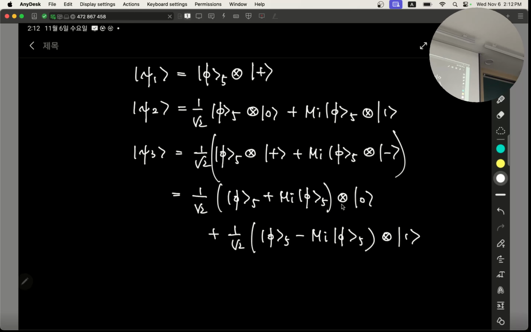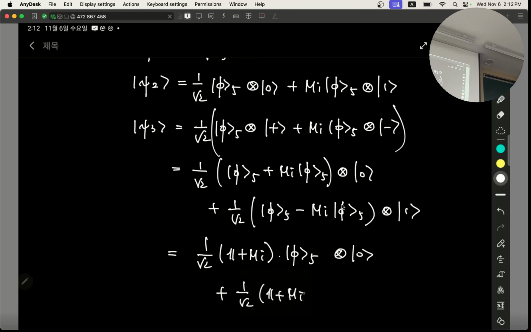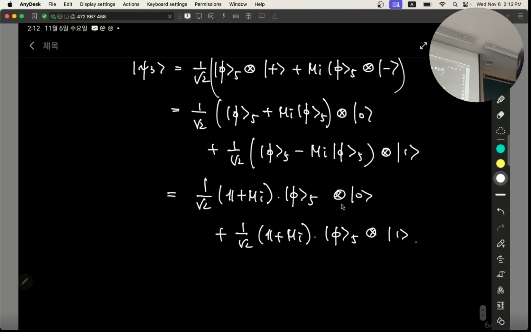Now we can see something similar to what we saw before. The first state in the superposition is 1 over square root of 2, 1 plus mi applied to v5 tensor 0. And the second is 1 over square root of 2, 1 minus mi applied to v5 tensor 1. Now, after this, we take the measurement. So we either detect this one or detect this one.